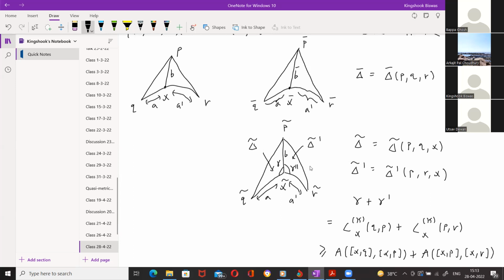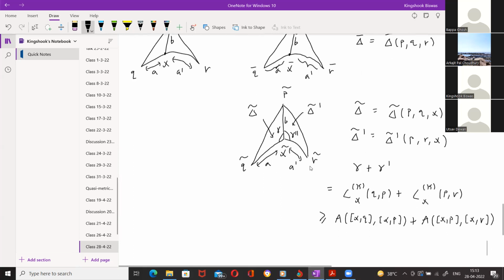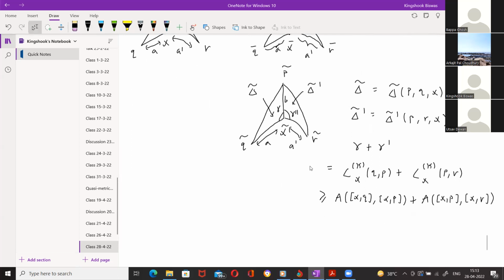Yes? But now the angle function satisfies the triangle inequality, right? So this is greater than or equal to the angle function of XQ and XR, right?